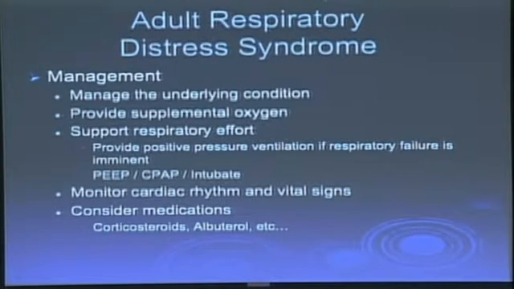So positive pressure ventilation can be done with a PEEP valve on your BVM, can be done by CPAP, or it can be done by intubation and providing positive pressure. And you start out from the easiest one, the one that the patient will most tolerate. Now, in the case of our burn patient, not a problem. RSI them, intubate them, and provide positive pressure ventilation.